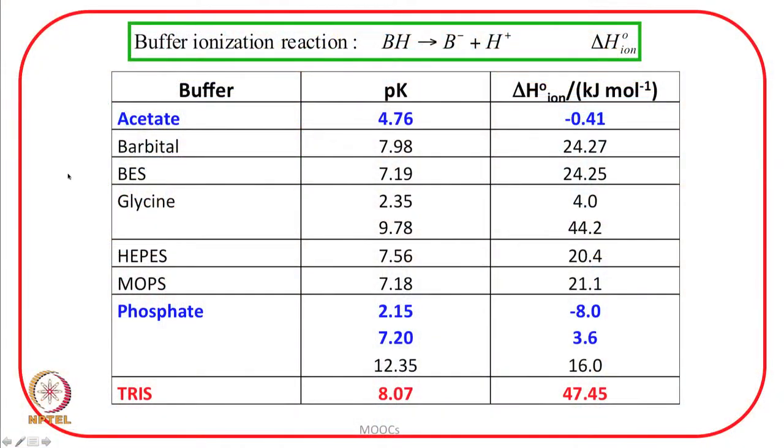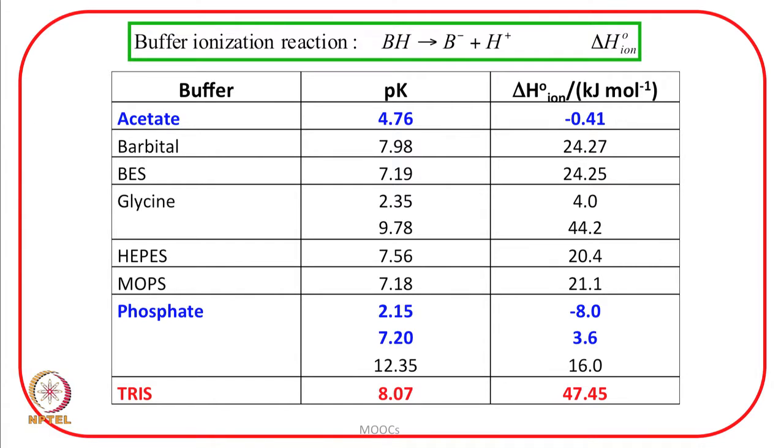Let us take a look at the table. Acetate buffer has a pK of 4.76 and the corresponding enthalpy of ionization is minus 0.41 kilojoules per mole.